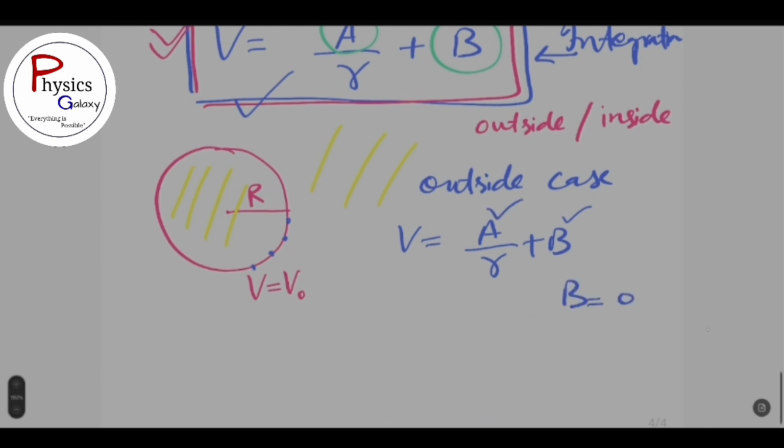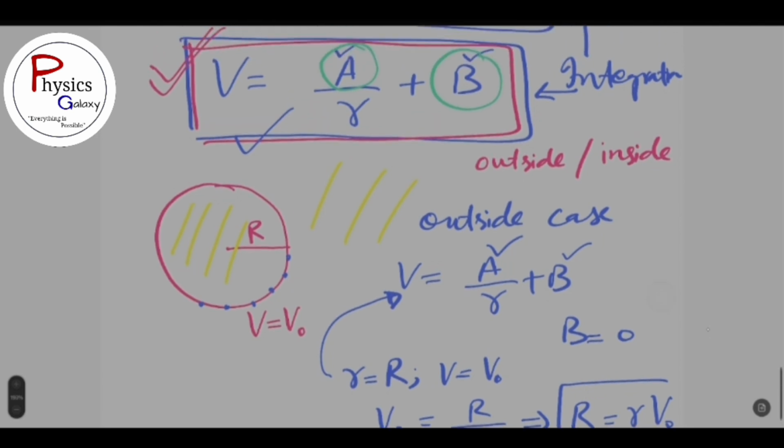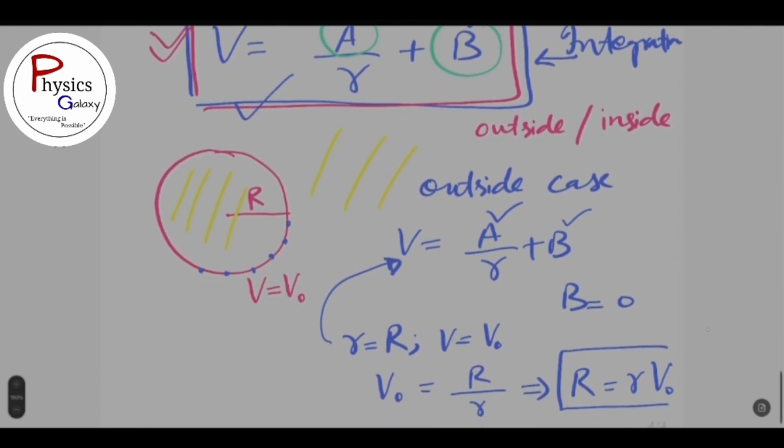Now I need to find A. For that I will use this boundary condition, that is when R equals capital R, the potential equals V naught. Sorry, I made a mistake.